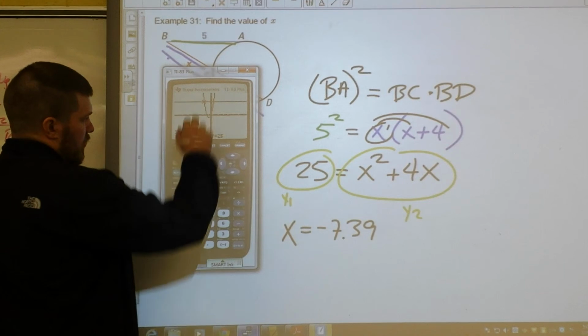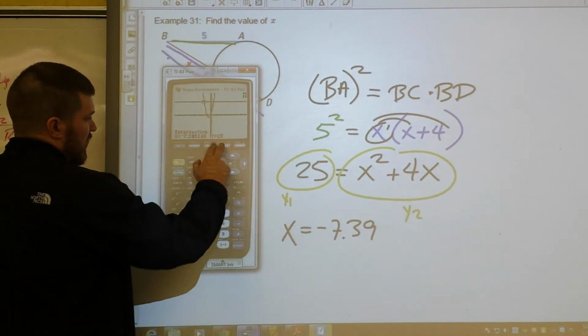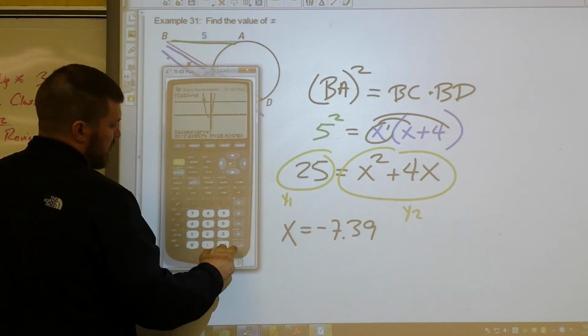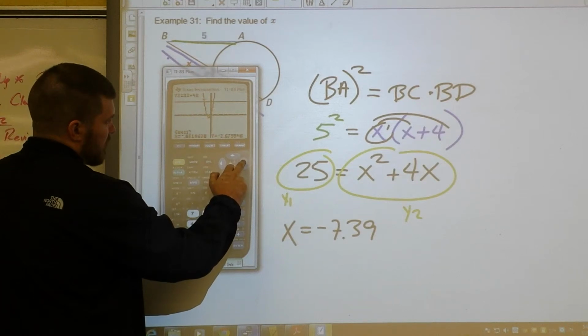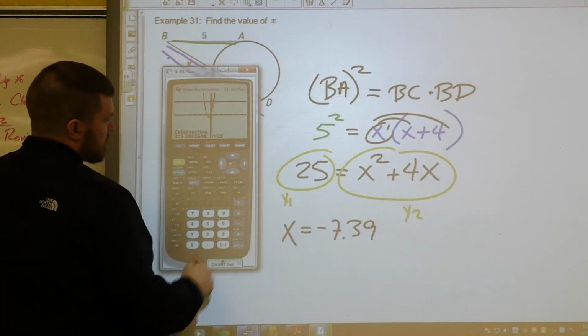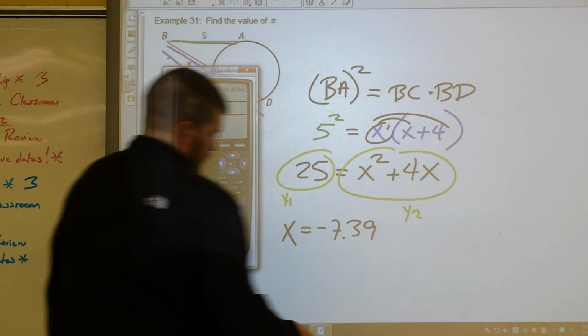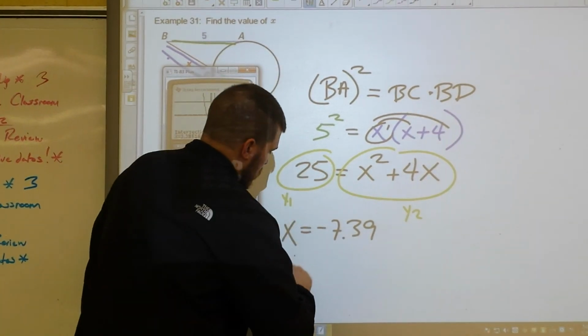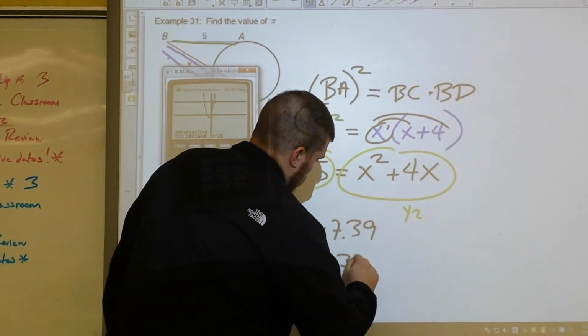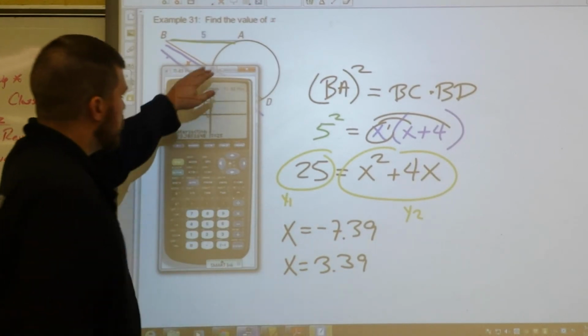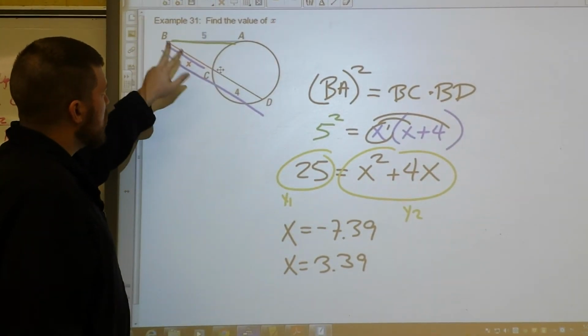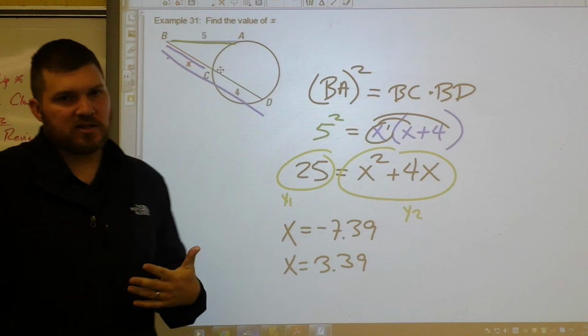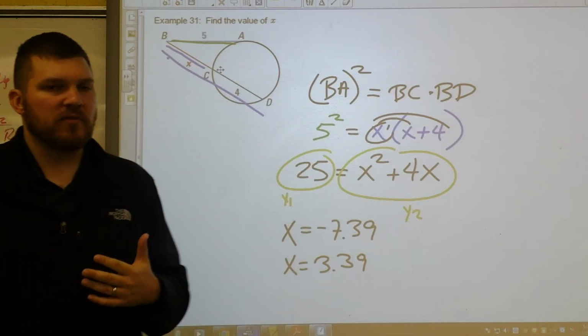For my second point of intersection, I'm going to repeat the process. Second calc, option 5. First curve enter, second curve enter, guess. Move your cursor into position. So I get 3.39. Now I do have two answers. However, I want to realize that x is a distance, and you need to ask yourself, can distance ever be negative?